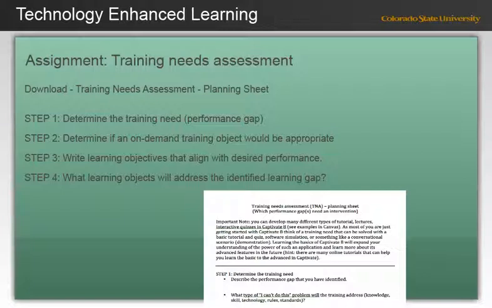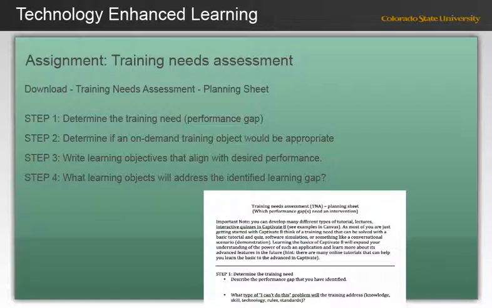The first step is to determine a training need, somewhere where there's a performance gap. The gap between what individuals can do right now and what the ideal performance would be.